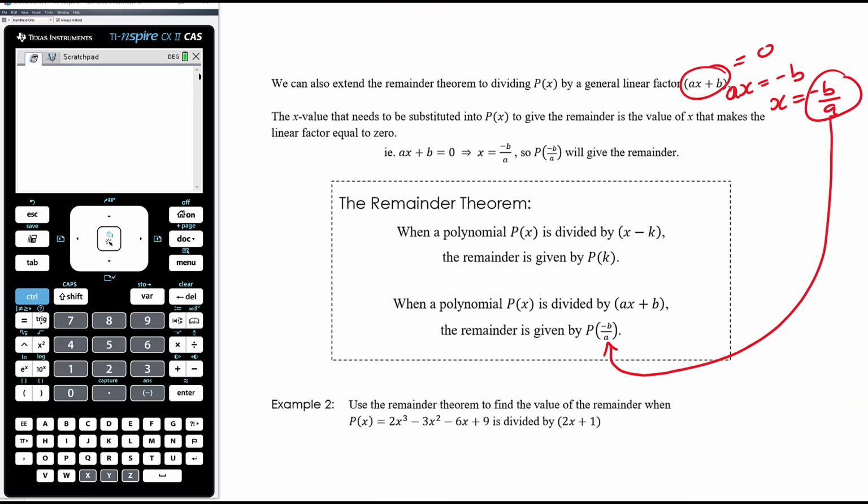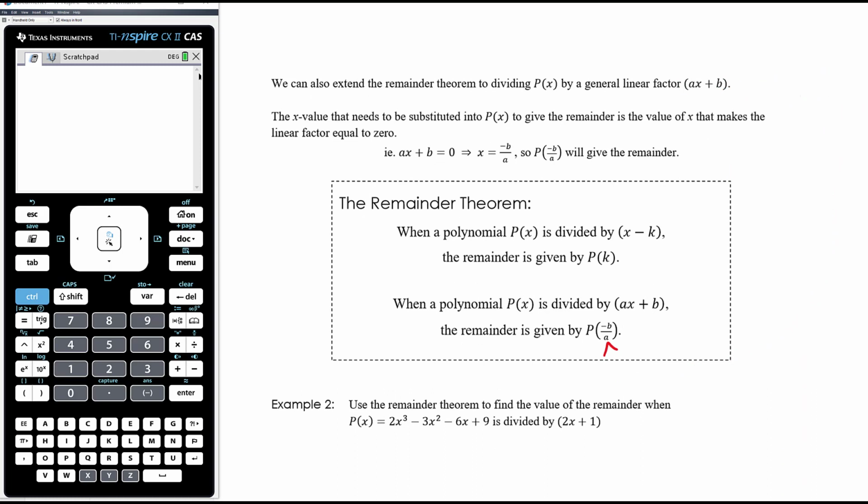So when a polynomial is divided by x minus k, the remainder is found by evaluating P of k. When a polynomial is divided by ax plus b, its remainder is found by evaluating P of negative b on a. We work this out by working out what value of x would make that factor equal to 0.